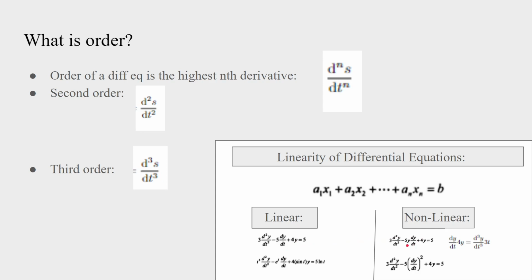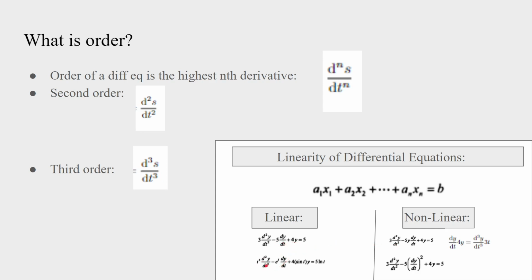It's not linear because we have y multiplied by a derivative of y. Since we're taking a derivative of y with respect to the variable, we can't have y multiplied or squared or cubed or in some transcendental function. It has to be just y alone. y could be multiplied by a constant. It could be multiplied by t, for example, 4y or negative 5 dy/dt.